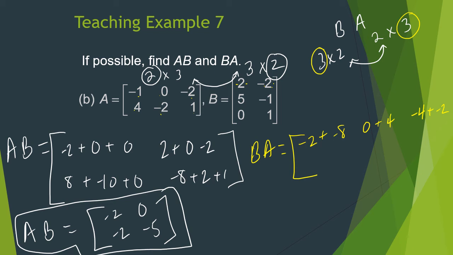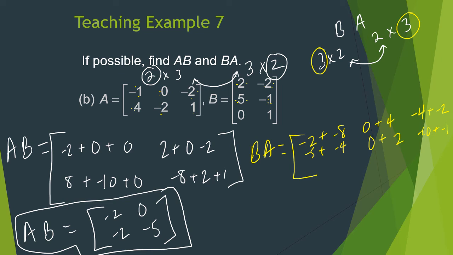Then I go again. 5 times -1 is -5, plus -1 times 4 is -4. 5 times 0 is 0, plus -1 times -2 is 2. 5 times -2 is -10, plus -1 times 1 is -1.